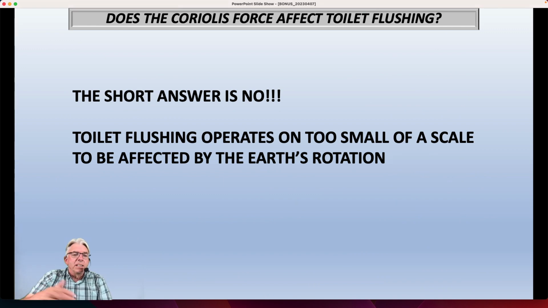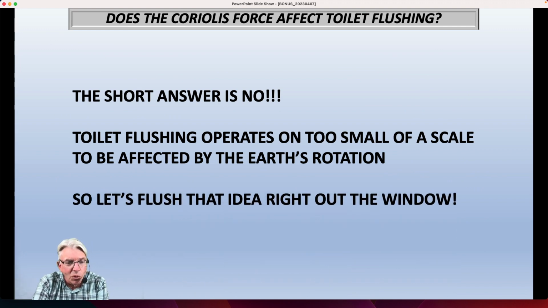This is something that affects areas of hundreds or thousands of miles, but certainly not on the order of the scale of a toilet, which is maybe a foot or two across, okay? So the Earth's rotation has no effect on that, and so we might as well just flush that idea right out the window.